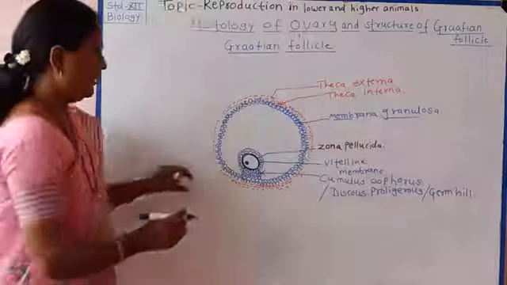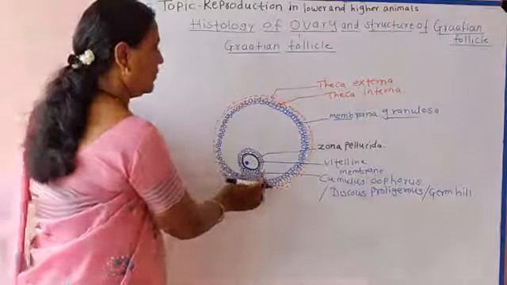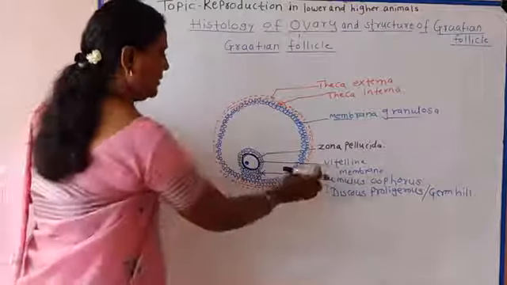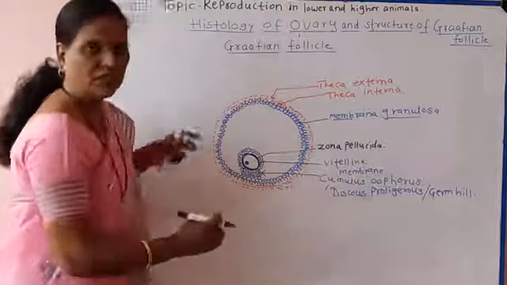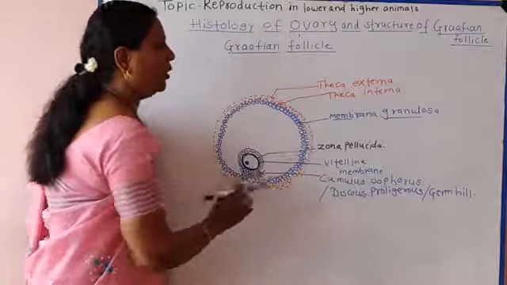Okay, this part is also called the germ hill, the discus proligerus or cumulus oophorus.